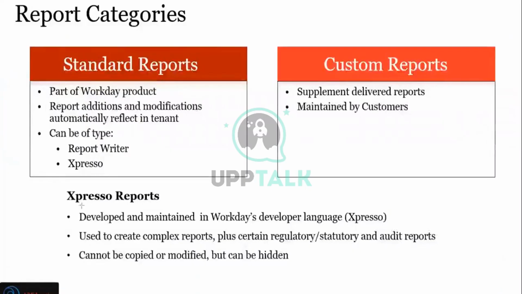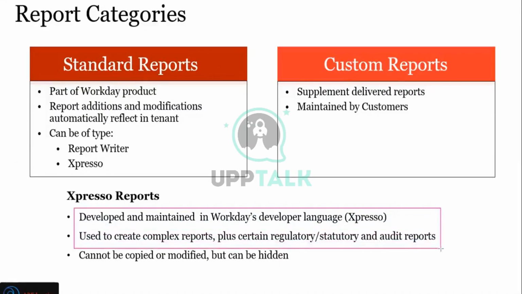Right. Espresso reports are developed and maintained in Workday's developer language, which is Espresso, which means we cannot see the code, we cannot see the logic of how that report has been created. Right? And Workday basically uses it for creating those complex reports which have complex layouts.